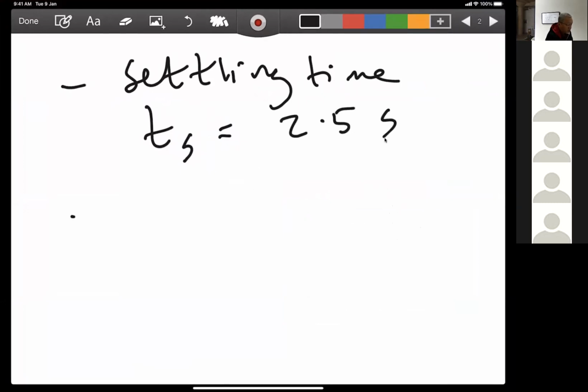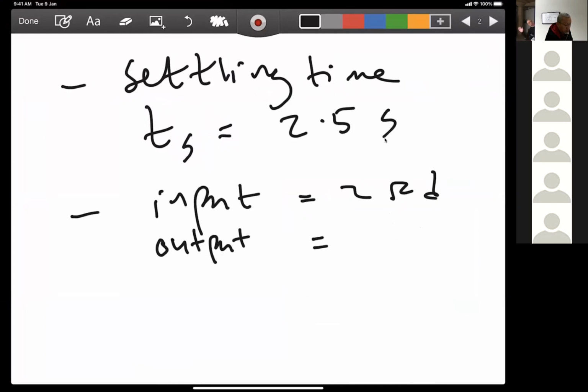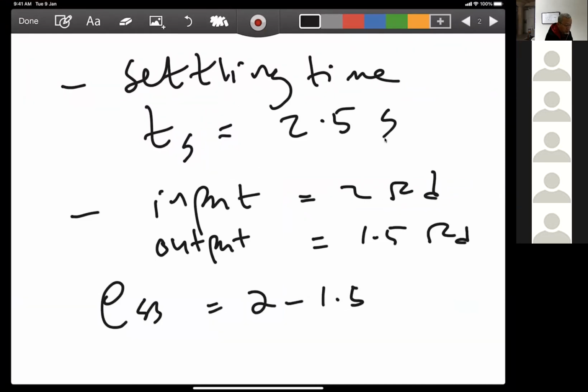Then input is 2 radian. Output final value at 1.5 radian. So the steady state error is 2 minus 1.5, 0.5 radian steady state error.